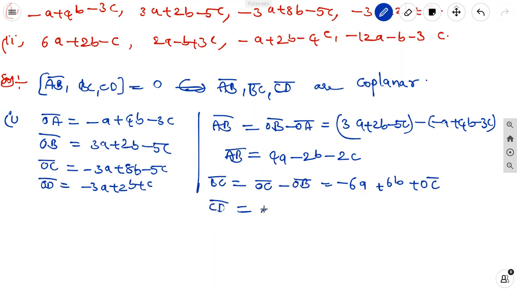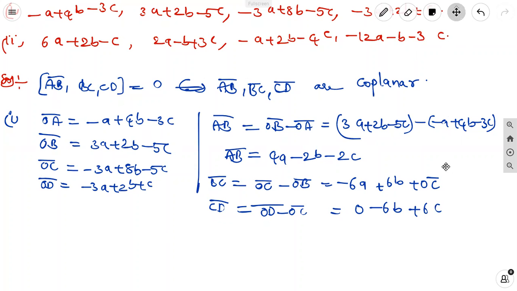CD is equal to OD minus OC. Minus 3a plus 3a, it's 0. Plus 2b minus 8b, minus 6b, plus c minus into minus plus 5c, it's plus 6c.